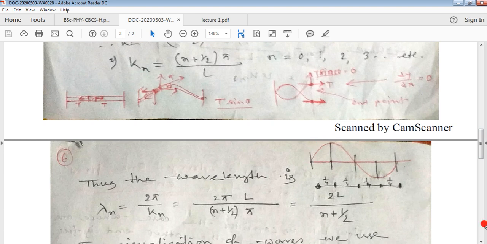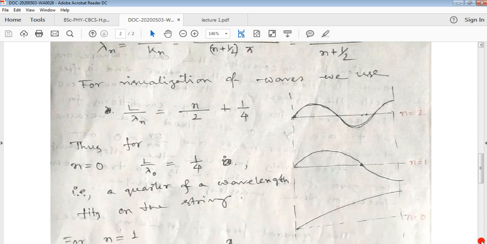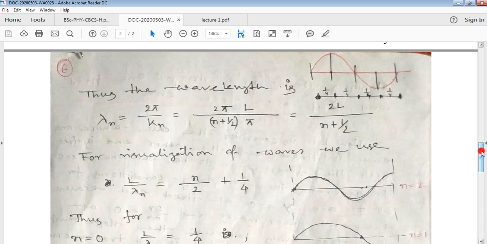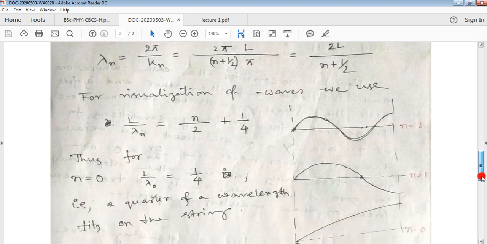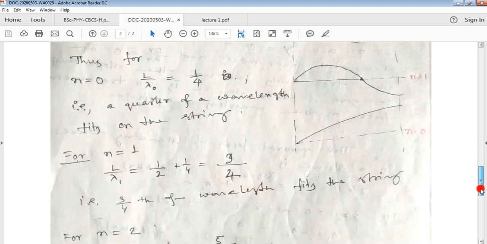And here we need to consider the boundary conditions also. The first end is fixed, x equal to 0, and x equal to L is at the extremum, and that extremum point is this one, where the slope is 0. So for the n equal to 0 case, a quarter of a wavelength fits on the string.